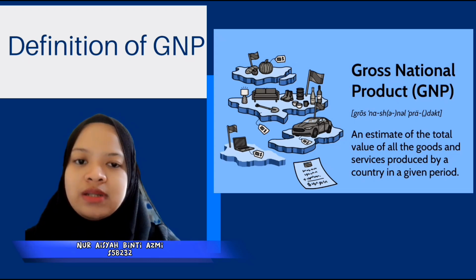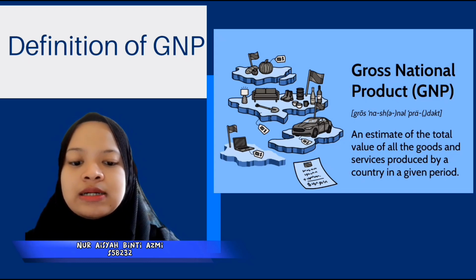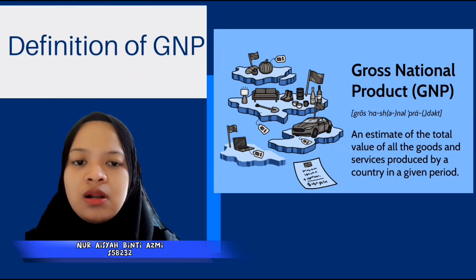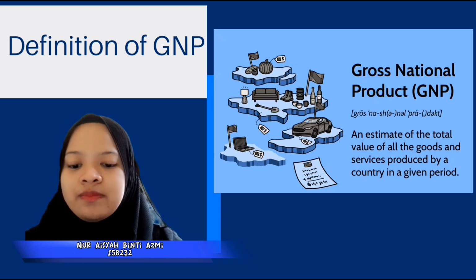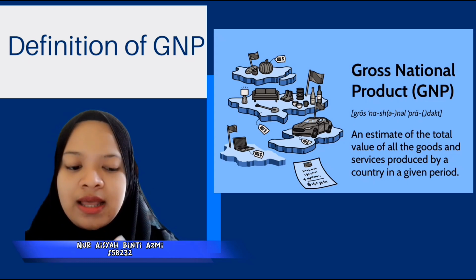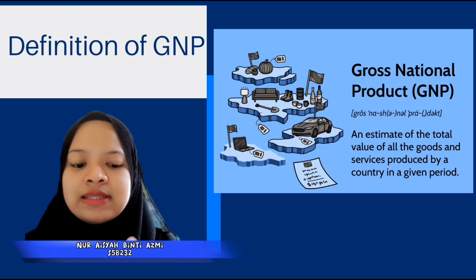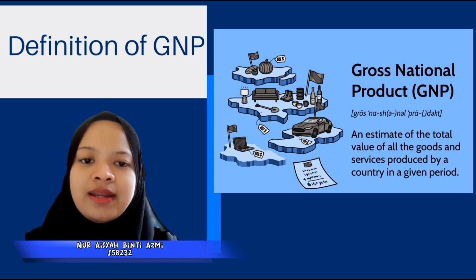In other words, GNP is the value of commodities offered and services rendered by an individual or company within and outside its native country. For example, it includes all tangible items like food, automobiles, machinery, and services like education, healthcare, financial services, salaried income, and others.